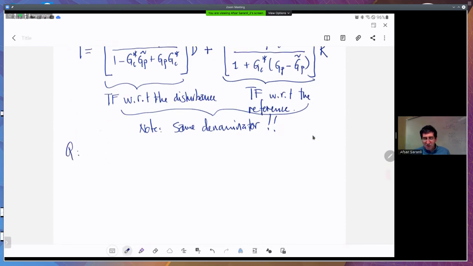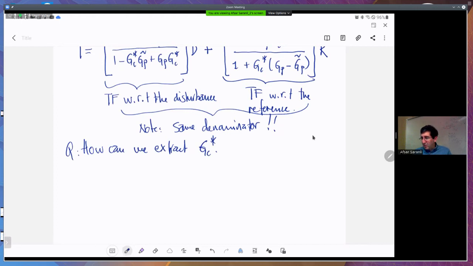Okay, so the same question remains, right? How can we extract GC star? Okay, so there are a couple of things that we will assume.